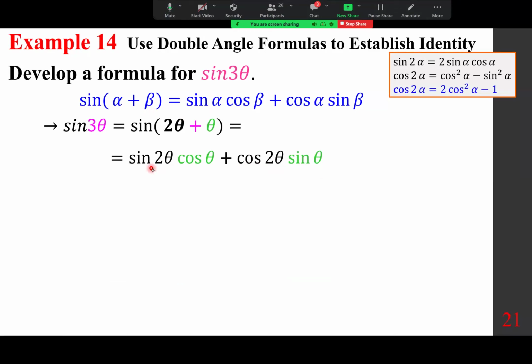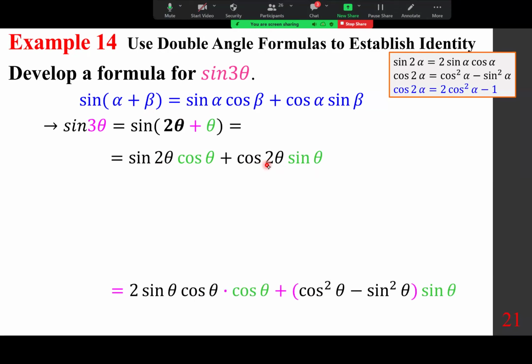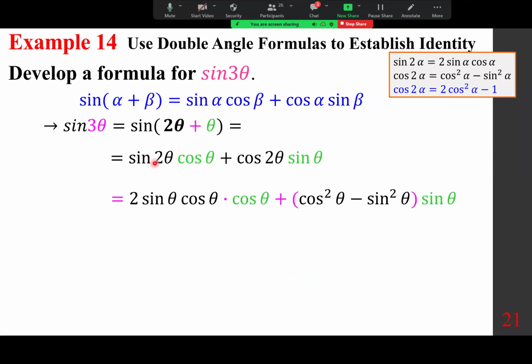We are going to replace the sine with 2 sine theta cosine theta. This one we're going to keep, and we're going to change this one to cosine squared minus sine squared. So one more time, sine 2 theta is 2 sine theta cosine theta. Cosine 2 theta is cosine squared minus sine squared. So let's see what we get here. We get 2 sine theta cosine squared theta. What do we get here?